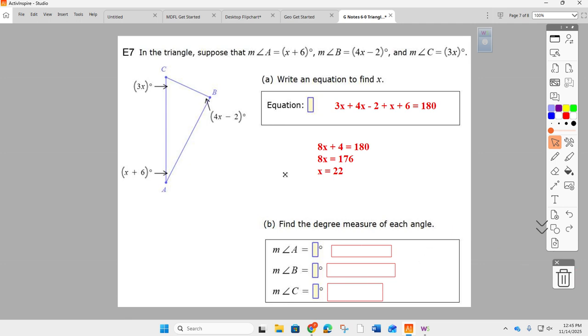It says write an equation to find x. There's not a spot for us to enter x anywhere, okay? But we're going to replace x in these expressions that represent the measure of these angles. So if we look at the measure of angle A, it's x plus 6. So it's 22 plus 6. Measure of angle B, 4 times x is 4 times 22, minus 2 is 86.